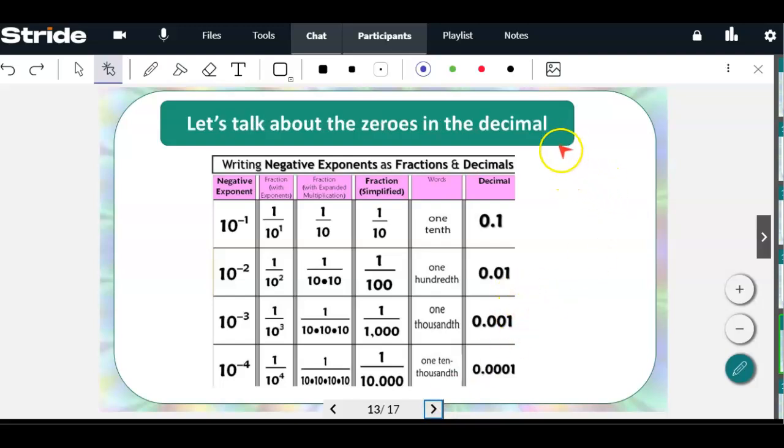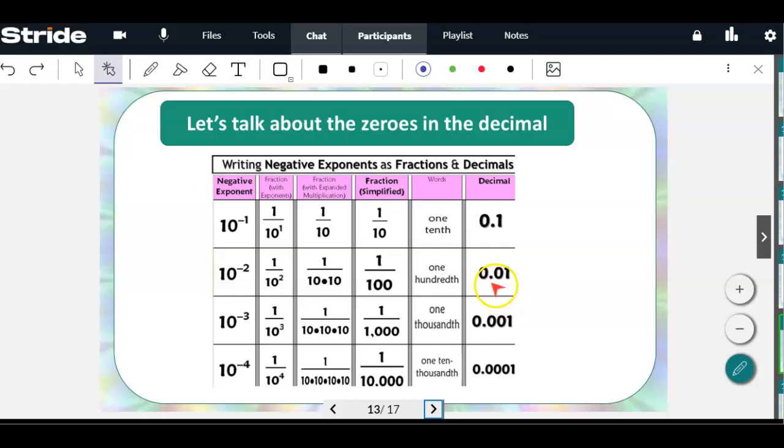All right, if you talk about the zeros in the decimal, if you have the number 10 and it's to the -1, the decimal gets moved over here. So there's no zeros right here between that decimal and the 1.